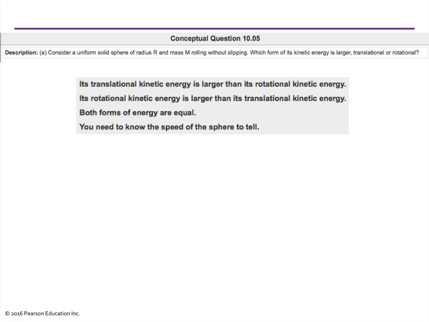All right, so here we're asked to look at the translational kinetic energy of a sphere as it's rolling without slipping. So the translational kinetic energy is 1/2 m v_cm squared. The rotational kinetic energy is 1/2 I omega squared.